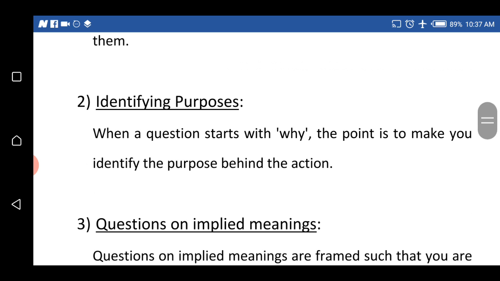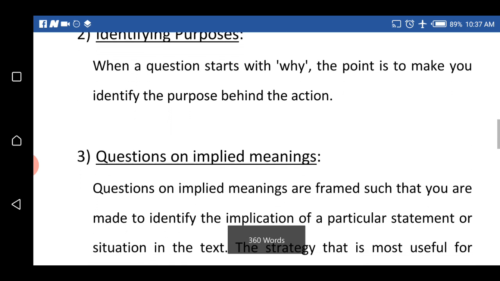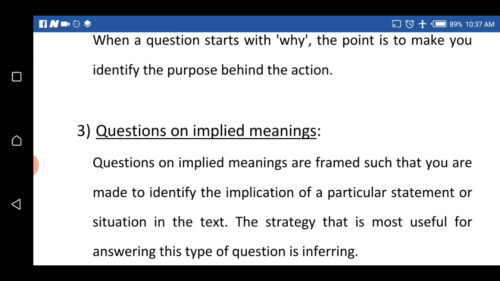Number 2. Identifying purposes. When a question starts with why, the point is to make you identify the purpose behind the action. Number 3. Questions on implied meanings.